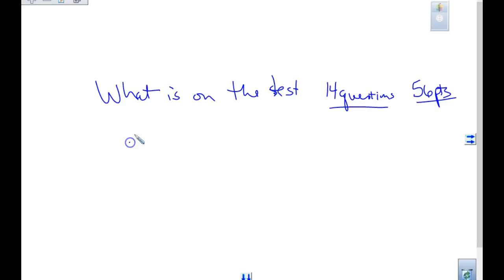There are the 2 standards from Unit D that are on this poster. I can solve multi-step equations using literal equations, and I can determine the number of solutions. When you determine the number of solutions, there are 14 questions where you're going to solve.